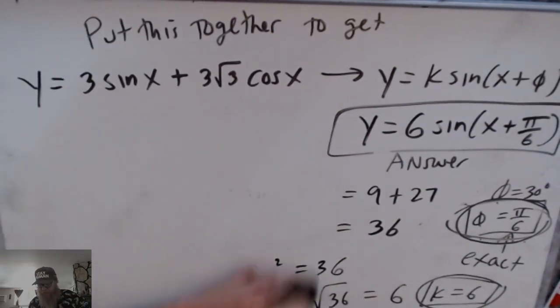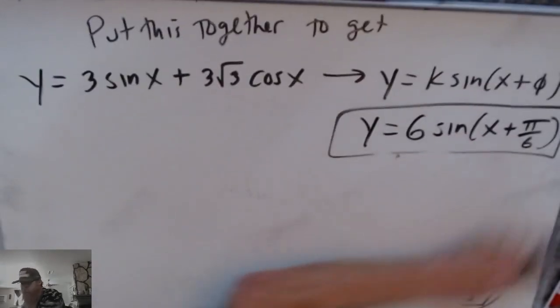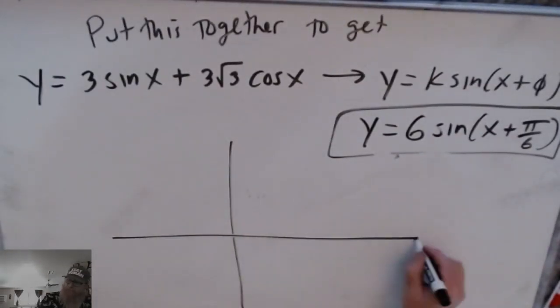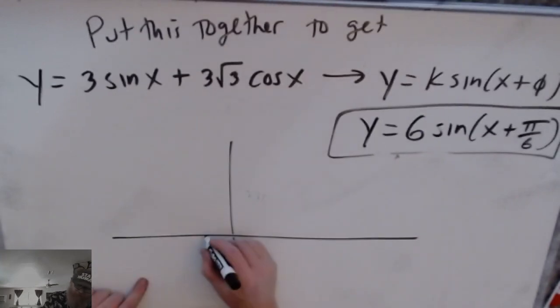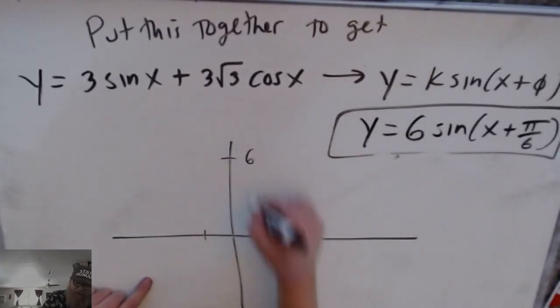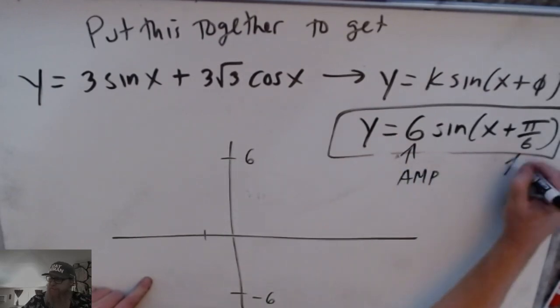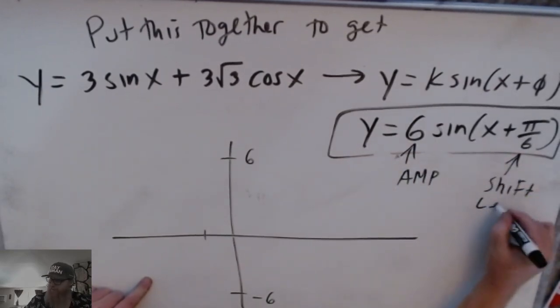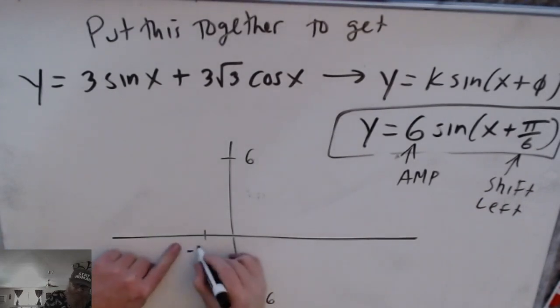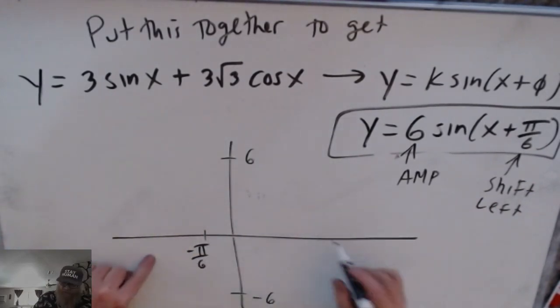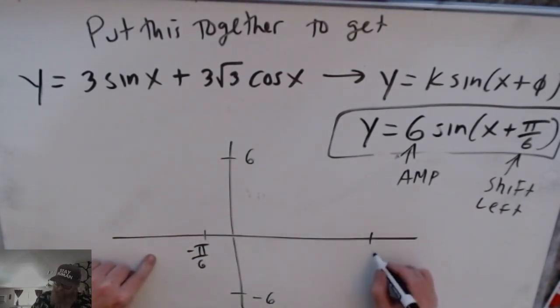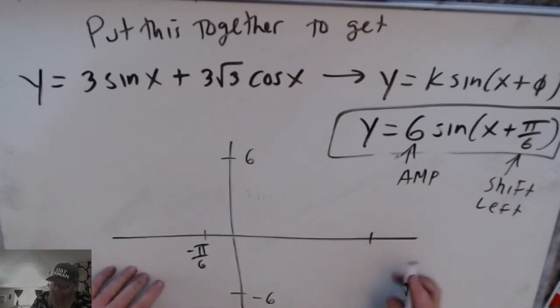What's really useful about this is what the graph looks like. It essentially tells me that I'm taking a sine graph of amplitude 6 with a shift left pi over 6. What would that be?